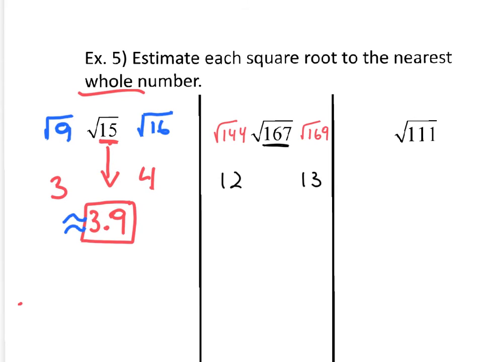But since this number is really close to 169, I'm going to say that the approximation, and I might be off, but more or less the approximation is 12.9, because 167 is closer to 169.